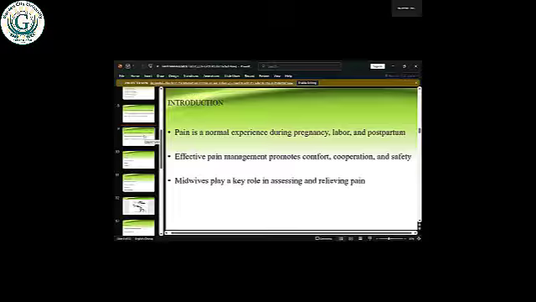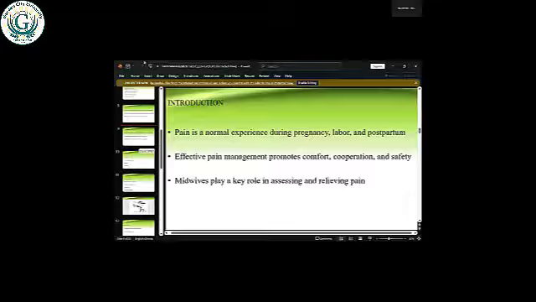The client becomes cooperative and the client becomes safe. So there is a need to manage every pain your client complains of, not just to say that it is just a normal pain, but you have to see to it that you manage any pain that the client complains of.